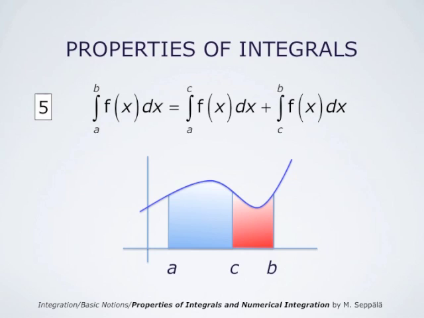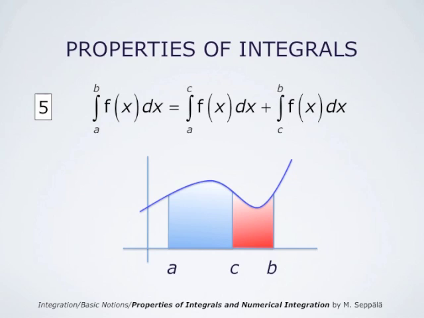The integral from a to c of f(x) dx is the area of the blue domain here, and the integral from c to b of f(x) dx is the area of the red domain. Together, this blue and red domain cover the interval from a to b, and therefore the combined area of this blue and red domain is the same as the area of the domain under the graph of the function and over the interval from a to b.